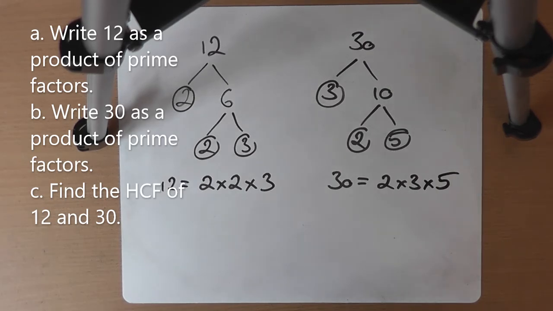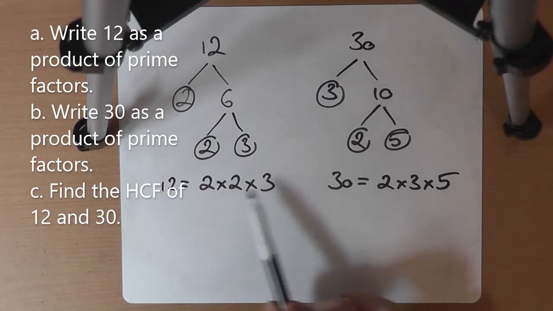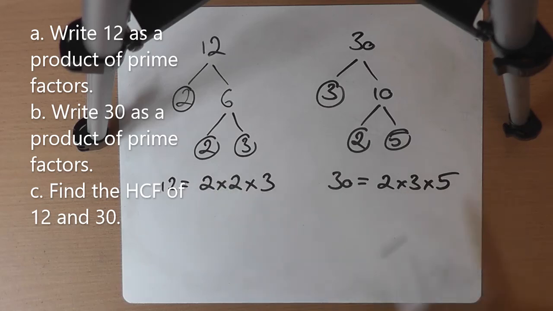Now part C, write down the highest common factor of 12 and 30. Now you could very much do this as lists, list the factors of 12, list the factors of 30, but it turns out that because we've clearly been pushed down this route of product of prime factors, we can use the products of prime factors that we get at the end to find the highest common factor.